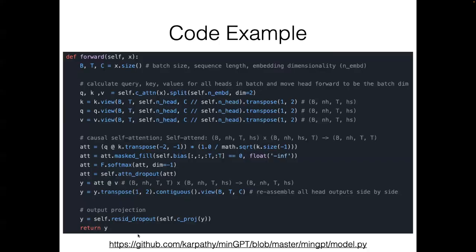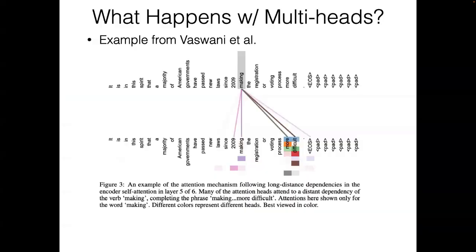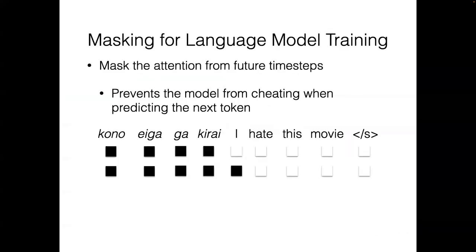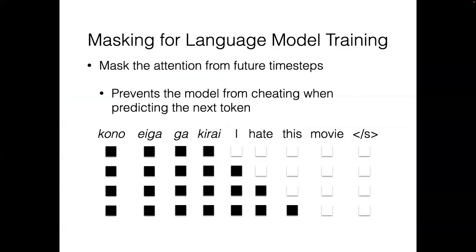And again, you can see this implemented here. It's this line right here where it's filling in this attention with minus infinity. Okay, so this is actually really important. If you don't do this, the model will quickly learn to cheat and it won't really be a useful language model.